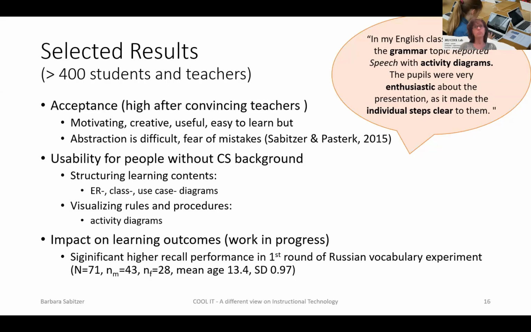On the one hand, preference, and on the other hand, if there's really an impact on the learning outcomes. And we are glad to say that with 71 students, we could have the result that the recall performance was really higher when they first learned the grouped vocabulary in class diagrams than with the black and white lists.